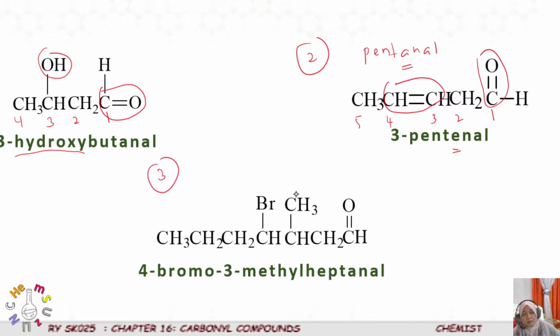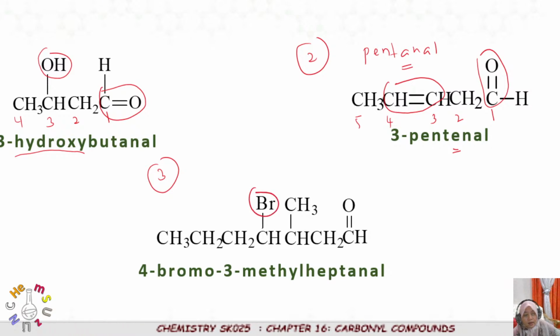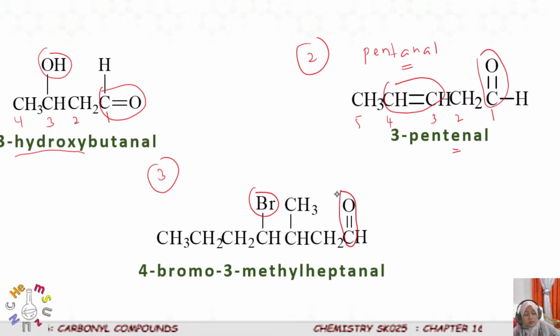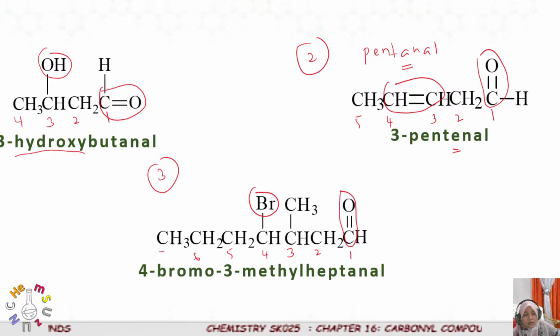Example number 3. We have bromine as a halogen, and then C double bond O as a functional group. We have two functional groups, bromine and carbonyl. So the priority is given to the carbonyl. This is carbon 1, 2, 3, 4, 5, 6, and 7.